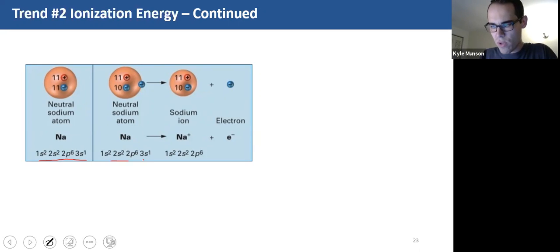So the neutral sodium atom loses an electron, and here's its new electron configuration. And if you notice, just jumping ahead a little bit, it's actually the electron configuration of a noble gas. Here's the electron configurations for those. And again, we put in energy, we kick off an electron, and now it has 10 electrons and 11 protons instead of the usual 11 and 11 for a neutral atom.